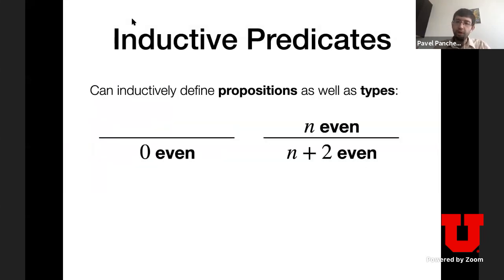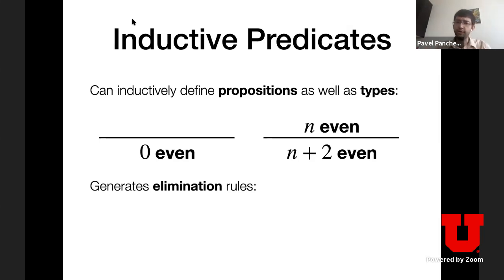So we've now inductively defined propositions, and as you'll recall from way back, if you have a type that you've defined via its constructors, like the proposition n is even, then that generates the elimination rule, or what we call an induction principle.